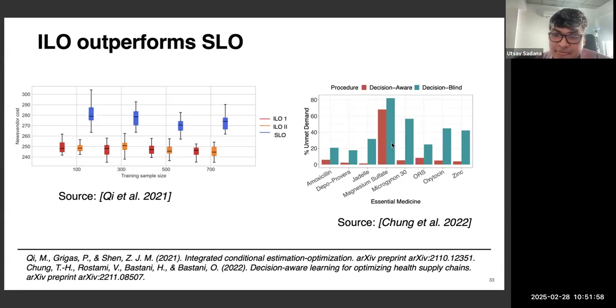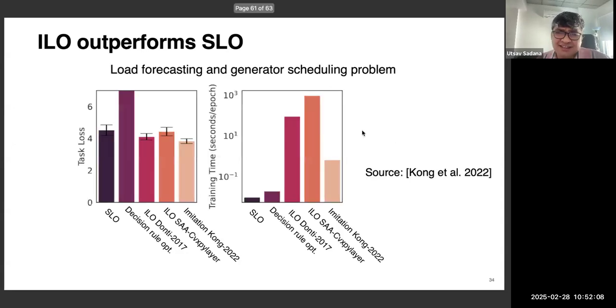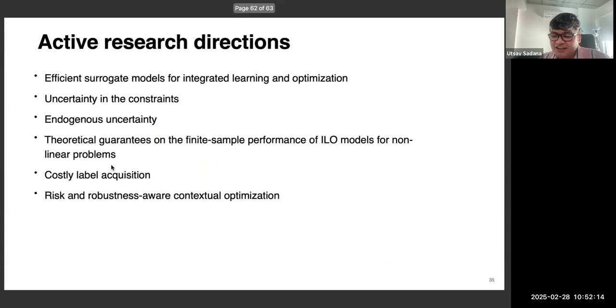By using this decision aware loss, you can reduce the unmet demand as compared to if you use a classical OLS based model. This is another news vendor kind of problem where again they show that integrated learning and optimization models perform really well.